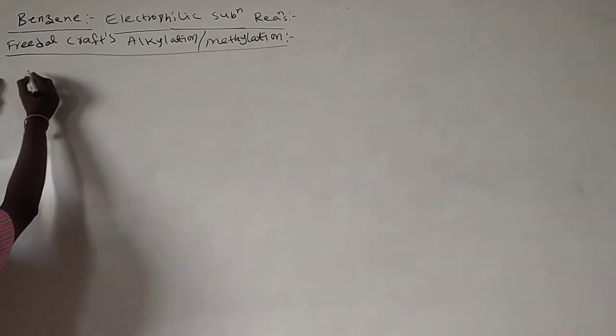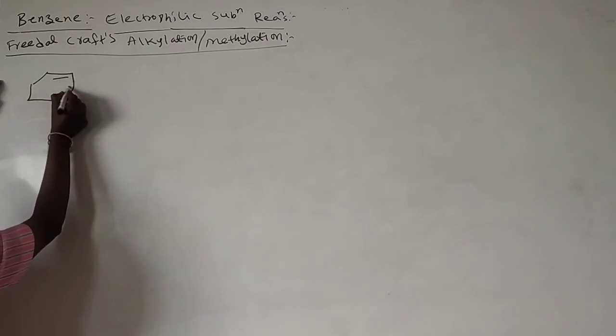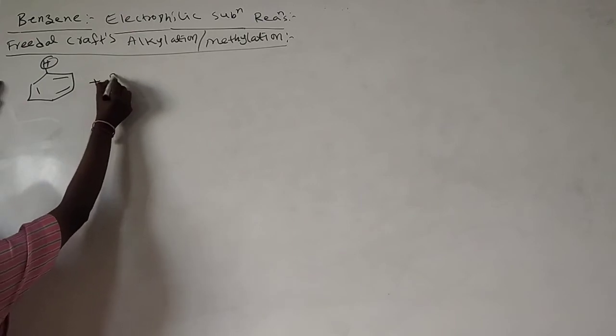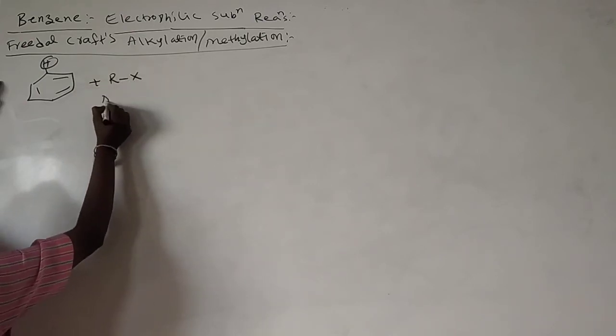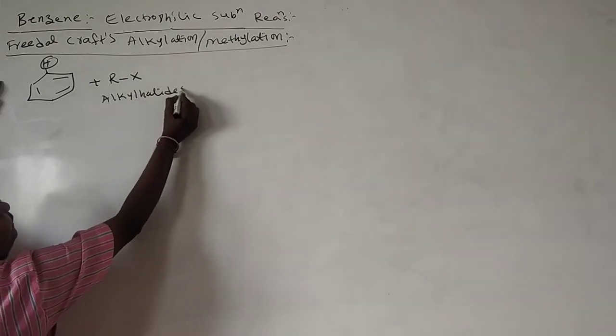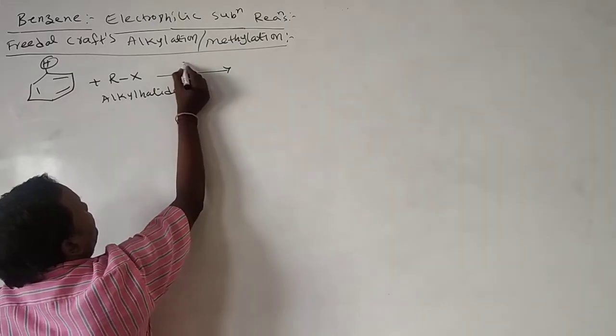First, I am taking the alkylation reaction. You take benzene, with H. It reacts with alkyl halide, RX, in the presence of anhydrous aluminium trichloride.